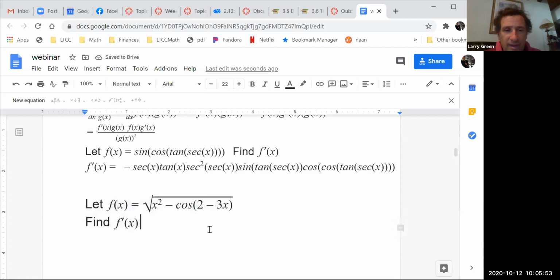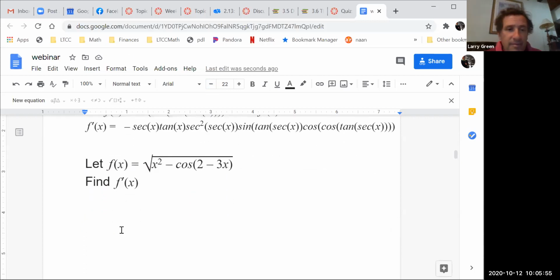A little big. That's better. I'm going to give you a moment or two. Should take a couple minutes. And let's see if you can find the derivative of the square root of x squared minus the cosine of 2 minus 3x. And again, give you a minute. And the hint is you will need to use the chain rule in an interesting way, or a couple ways.